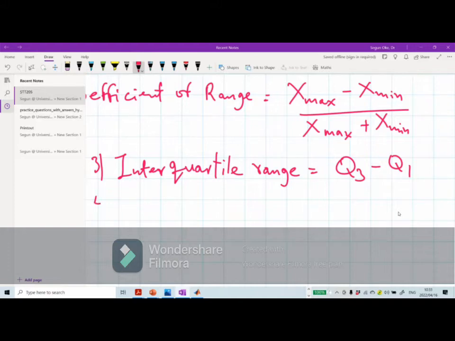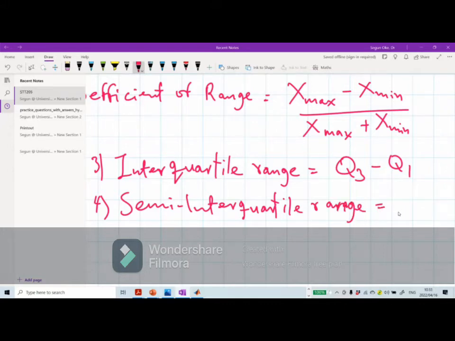Then semi-interquartile range. It's the same thing as Q3 minus Q1 divided by 2. I'm just trying to summarize some of the formulas in your book.